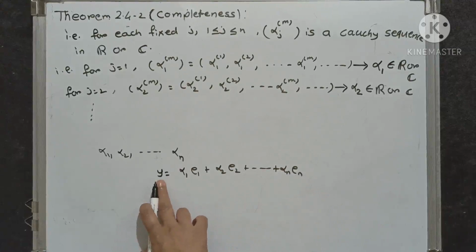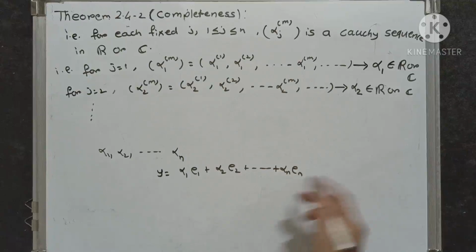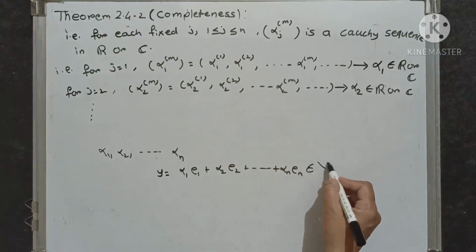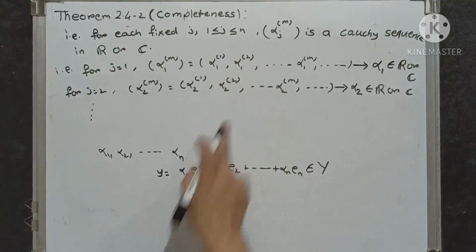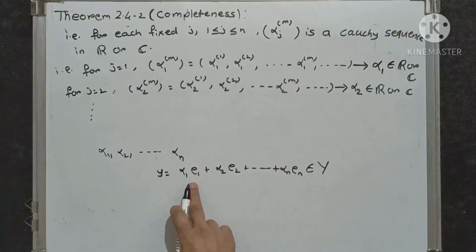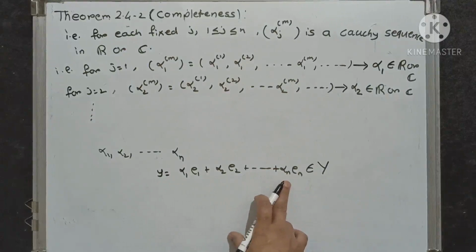Now this y, the linear combination of e1, e2, up to en, is an element of capital Y, and therefore from the sequence alpha jm we are getting the element y equals alpha 1 e1 plus alpha 2 e2 up to alpha n en.